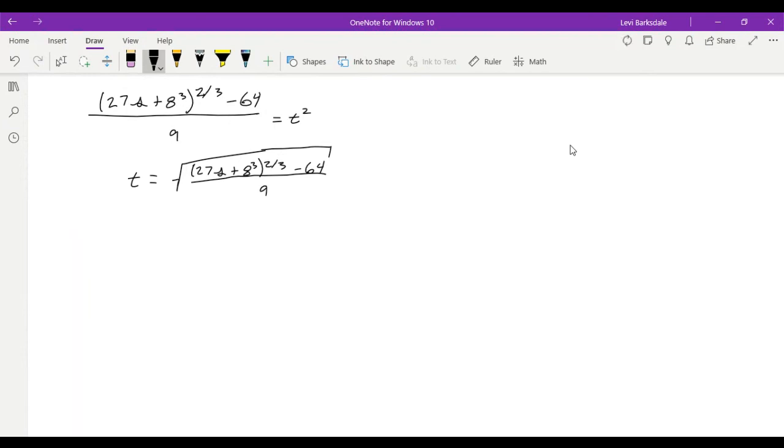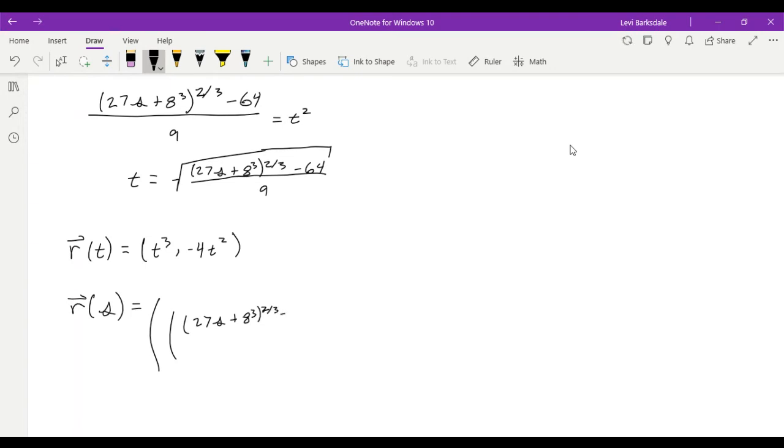And our arc length parametrization would be r of t, where t is equal to this function of s. So we can say that our arc length parametrization, r of s, is equal to, because r of t was t cubed, negative 4t squared, r of s would be equal to 27s plus 8 cubed to the 2/3 minus 64 all over 9 to the 3/2.